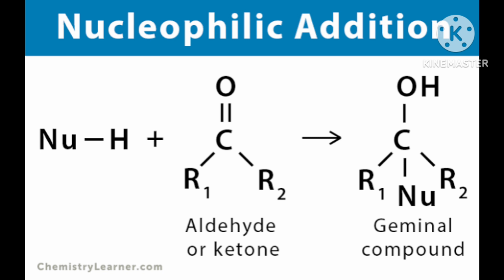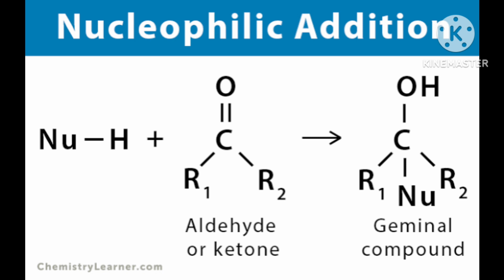Then a nucleophile attacks the electrophilic carbon atom, meaning the positively charged carbon atom of the polar carbonyl group, from a direction approximately perpendicular to the plane of sp2 hybridized orbitals of the carbonyl group. The hybridization of carbon changes from sp2 to sp3 in this process, and a tetrahedral alkoxide intermediate is produced.